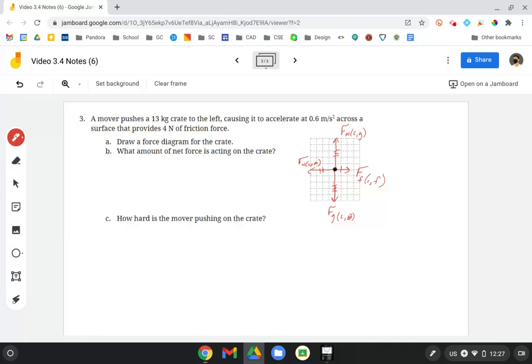Part B asks us what amount of net force is acting on the crate. Because we are given the mass of the crate and the acceleration of the crate, we can figure out what the net force acting on the crate is. The mass is 13 kilograms. The acceleration is 0.6 meters per second squared.